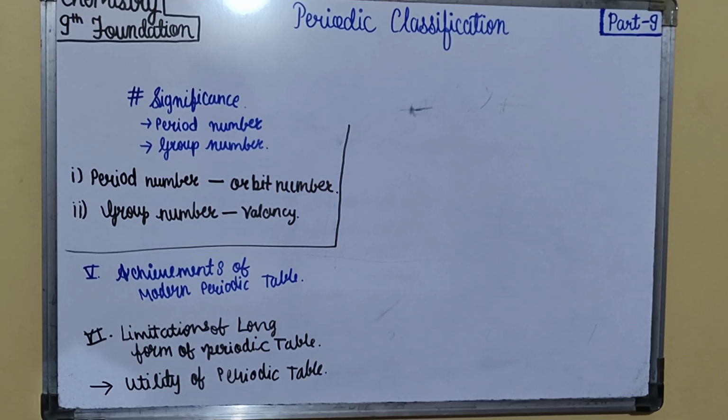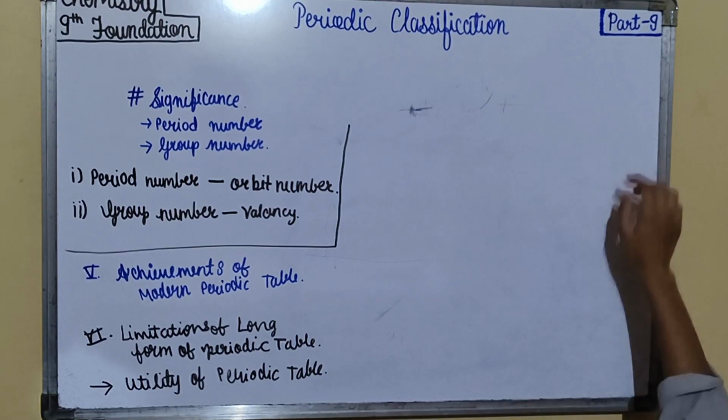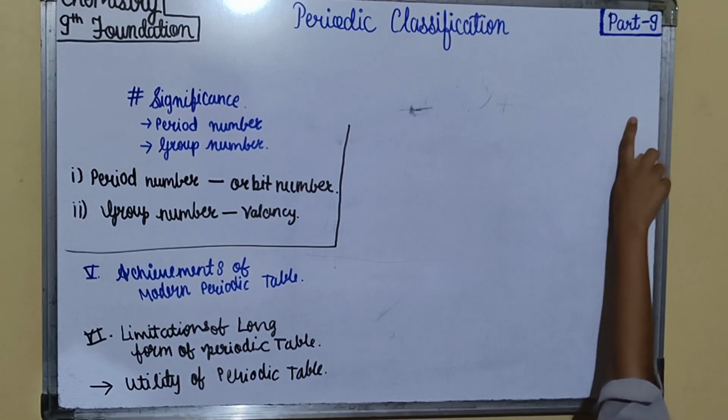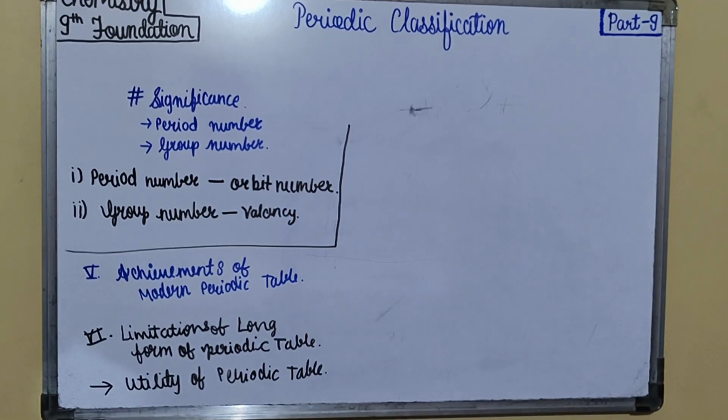I hope you have understood till this. Over here we finish this, this was part 9. In part 10 we are going to see a bird's eye view of evolution of periodic arrangement, means a short summary of scientists and their contribution.